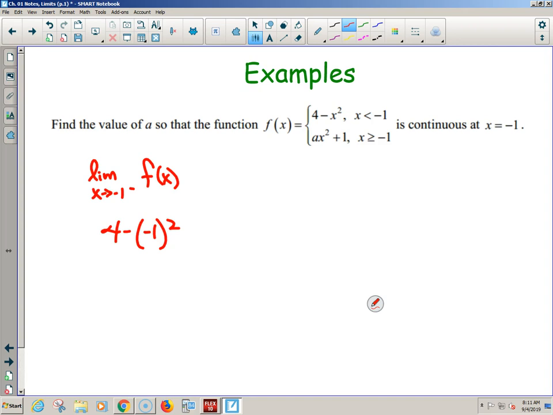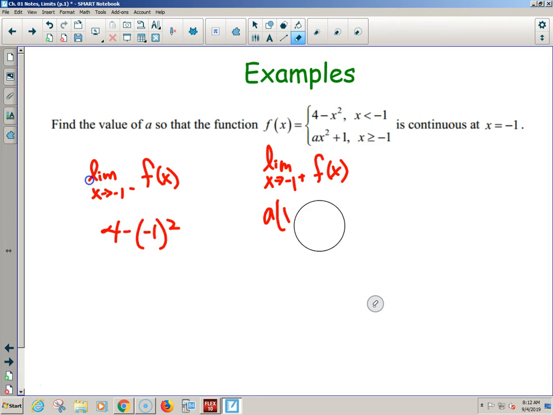That's mathematically how I can consider the top piece at -1 because it's not technically at, so instead I come towards. But I'm plugging in. But I also need to consider coming from above, and which piece would I be considering then? The second piece, which would be a times x, not x squared, because I plug in, right?